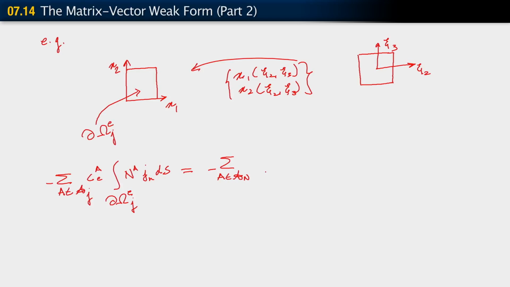Sorry, I realize that at some point I changed this notation to say a sub j. It should be a sub n here. Okay, a sub n CAE.